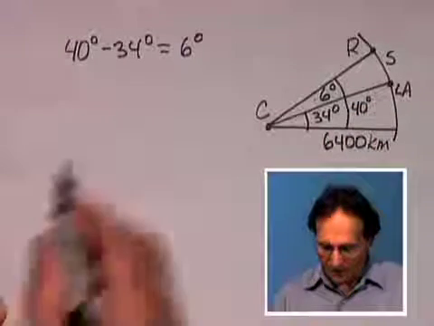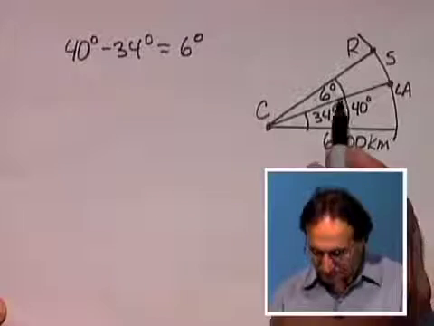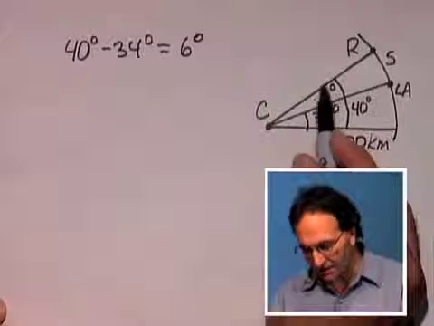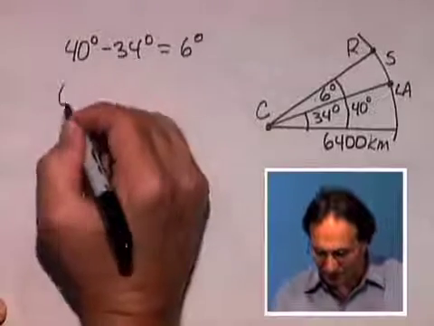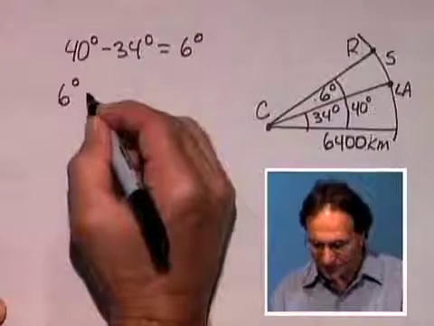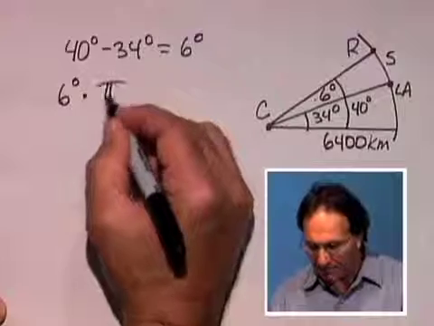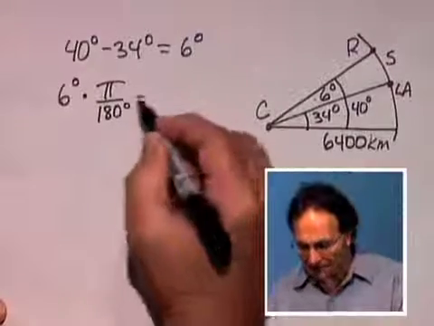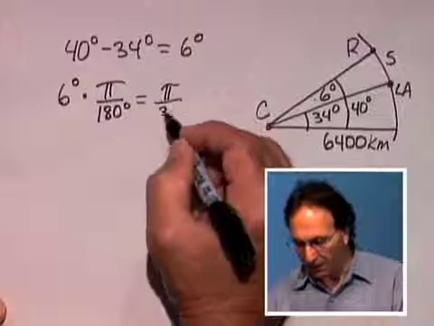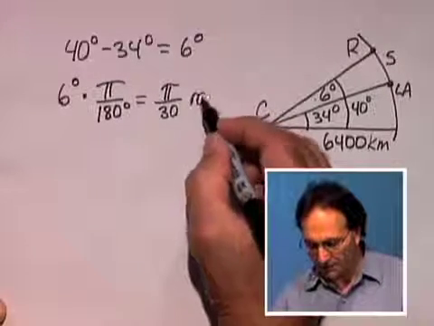And now we can use the formula. I'm sorry, first we should convert 6 degrees to radians and then use the formula. So we have 6 degrees multiplied by pi over 180 degrees. And that tells us it's equal to pi over 30 radians.